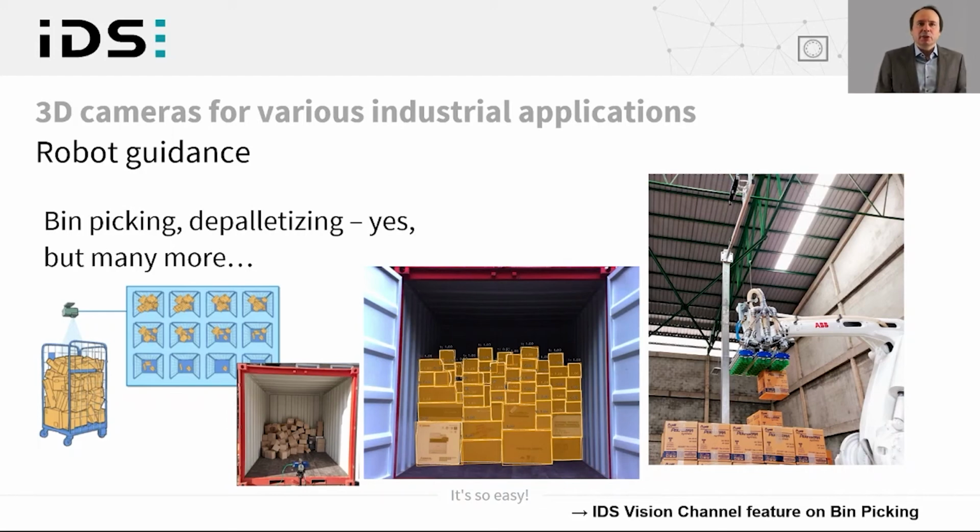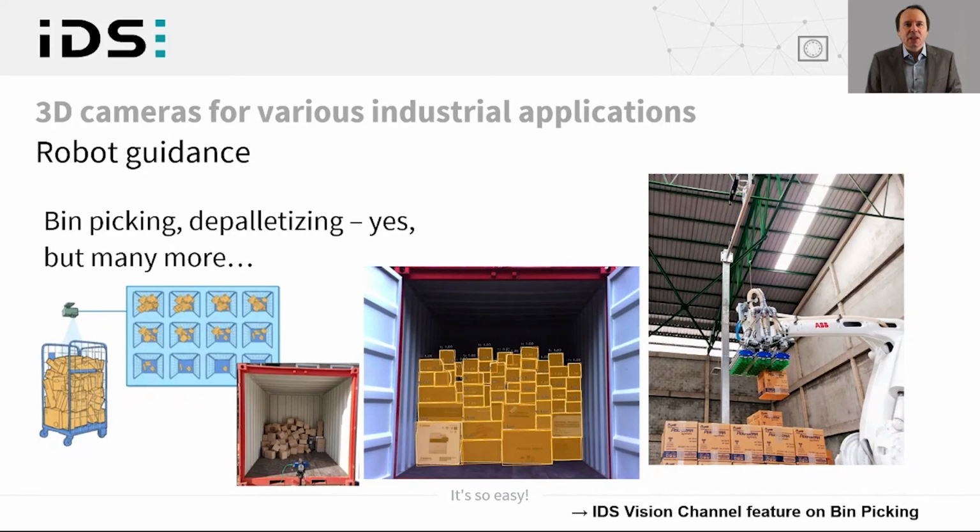I just want to mention that bin picking and depalletizing are of course important applications for 3D cameras, but there are many more. I've shown here examples from logistics, looking into a trailer and detecting all the boxes correctly before unloading, and so on. As I said, please refer to our future feature on bin picking to get into the details of this application area.